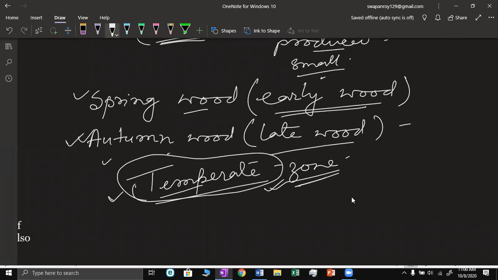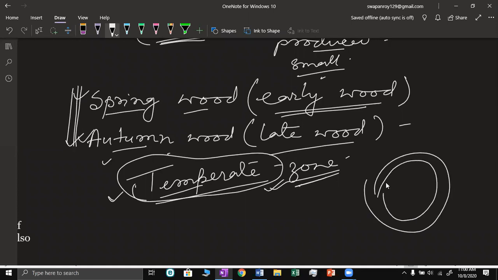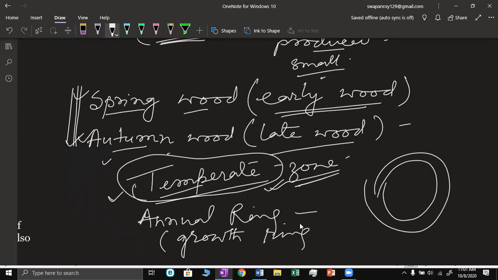Every year we are getting these two types of wood, and they are present in the form of a ring, and this is known as the annual ring, or growth ring. Okay.